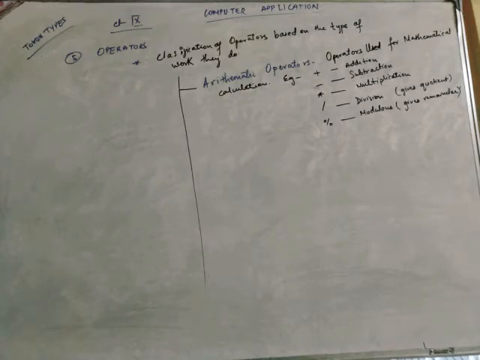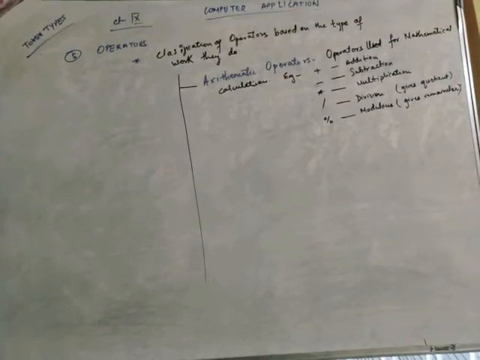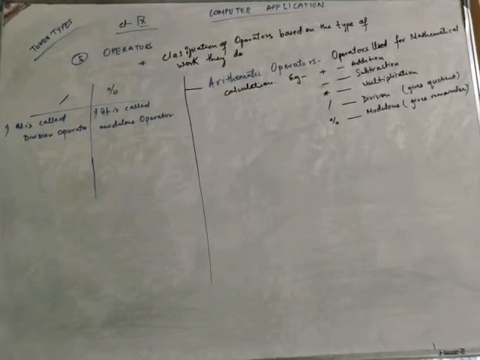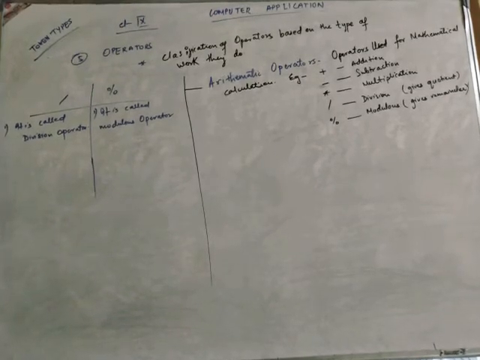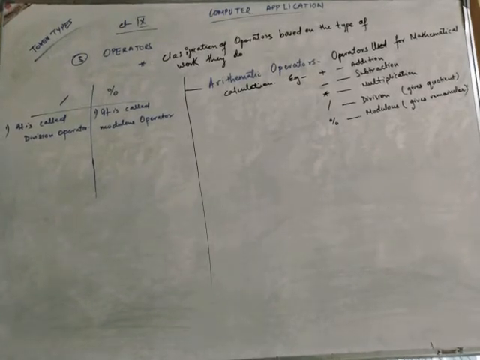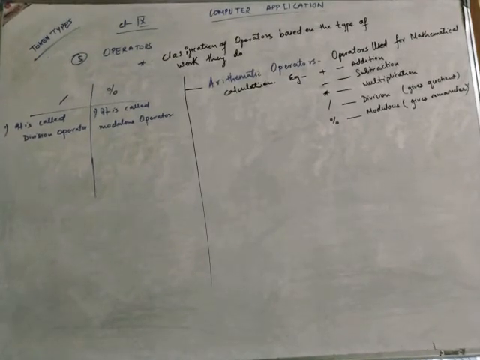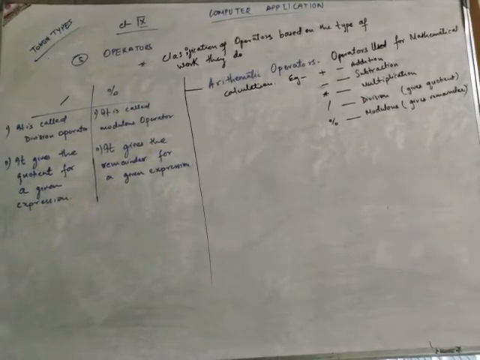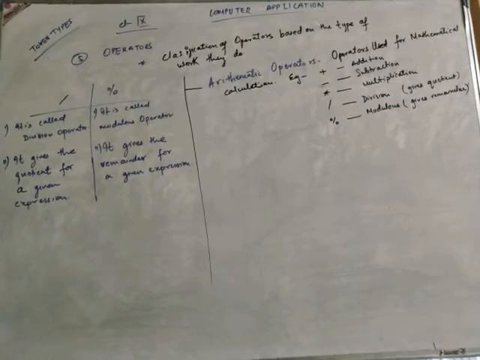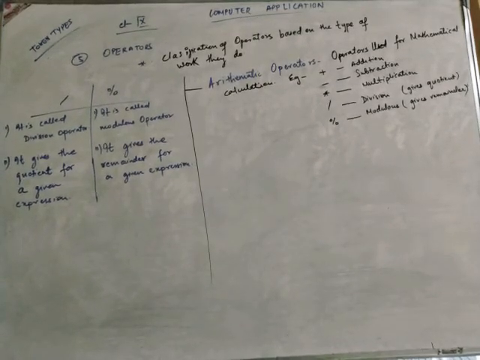Now one basic difference which comes up is the differentiation between slash and remainder. The first point is that slash is called the division operator, and the percentage one is called the modulus operator. The second point is that slash gives the quotient for a given expression, and the modulus operator gives the remainder for a given expression.